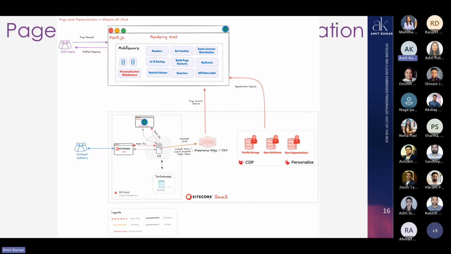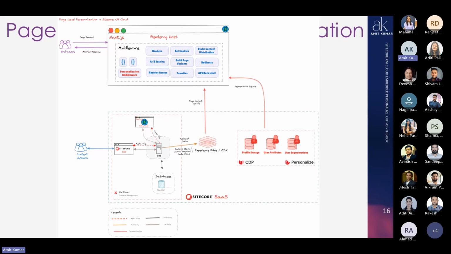Those are segmentation, because when you go to xConnect and create an email campaign or anything, based on one condition you are trying to fetch all the users, and that is nothing but user segmentation. In the same way, if I have a condition of whether the user has previously visited my website or not, or visited in the past 10 days, or how many times the user has visited, all this segmentation detail will be served to the personalization middleware.